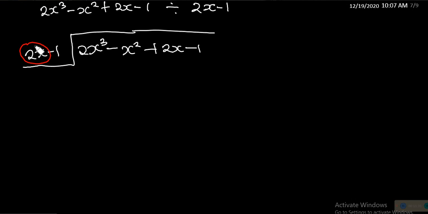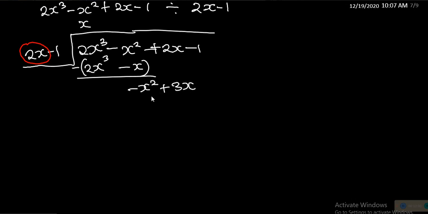So we are using 2x, and we divide term by term. 2x into 2x cubed will give us x squared. Then x squared times 2x gives 2x cubed, and minus 1 times x squared gives minus x squared. If you subtract, we have 0 here, minus x squared minus x squared, and then 2x, minus times minus is plus, so we have plus 3x.